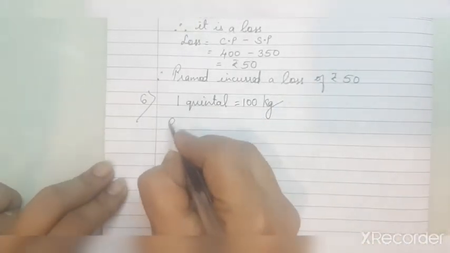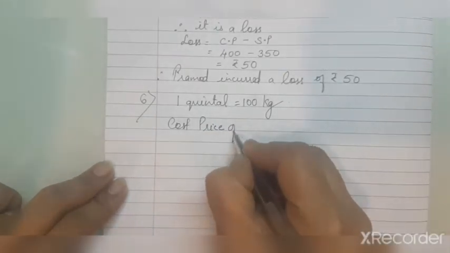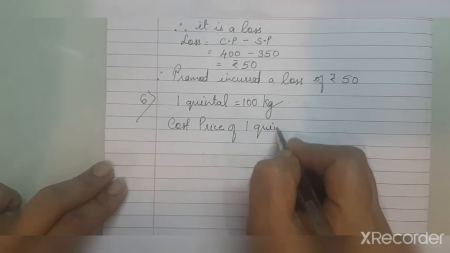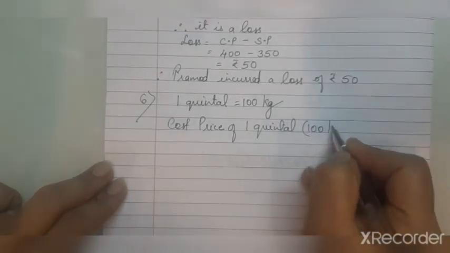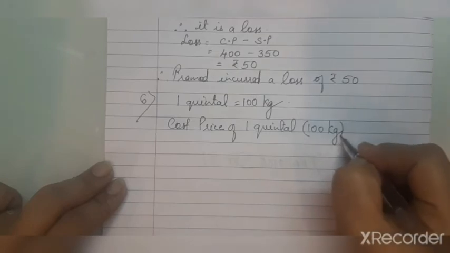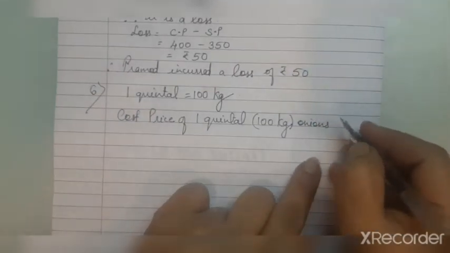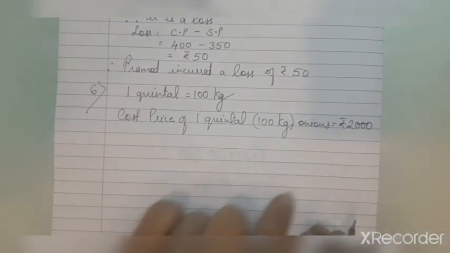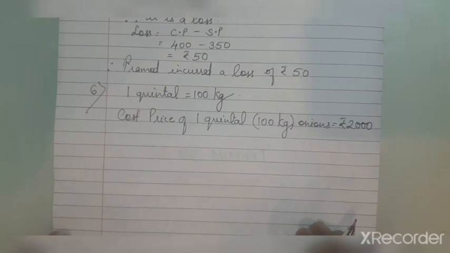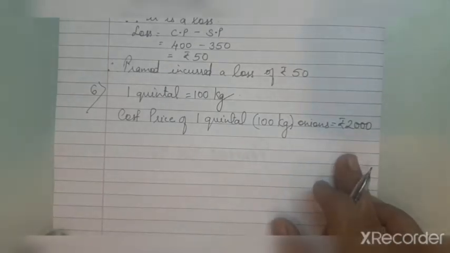So the cost price of 1 quintal is given. That is 100 kg of onions is rupees 2000. Now he bought it for 2000, therefore the cost price is 2000.